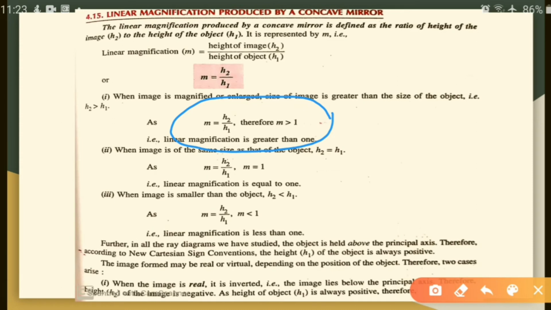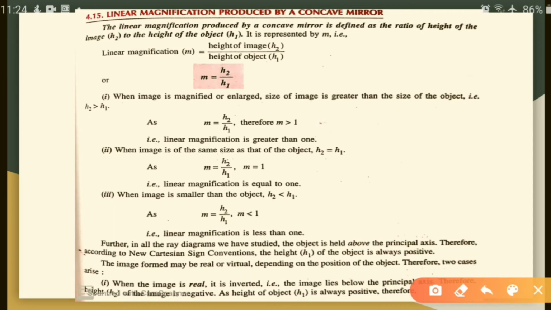This means that the height of the image h2 is greater than h1. Okay, this means that an enlarged image is formed when magnification is greater than 1.